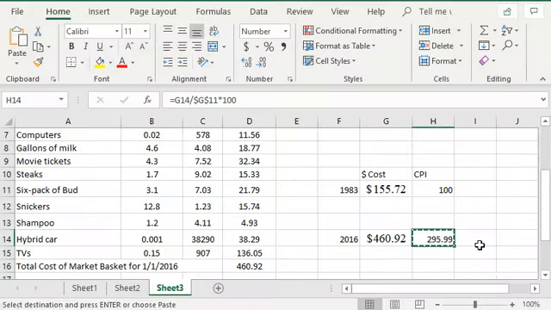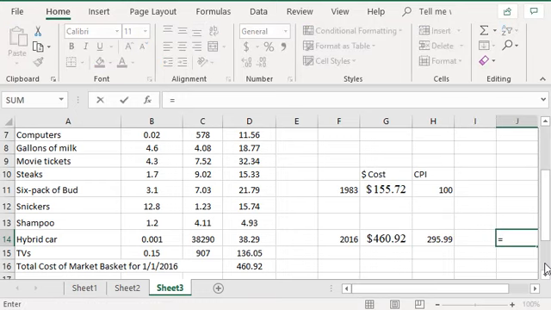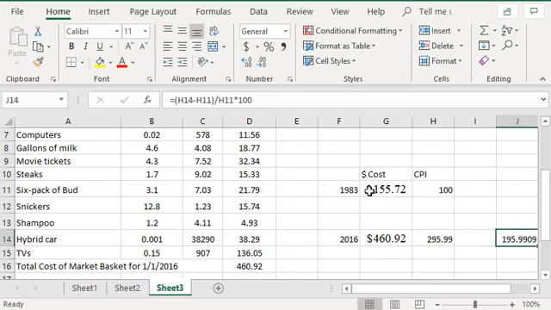So we'll go over here and calculate the percent change. I'll calculate the inflation rate right here. So parenthesis, what it is minus what it was, divided by what it was, times 100. And when you do this, what do you get?